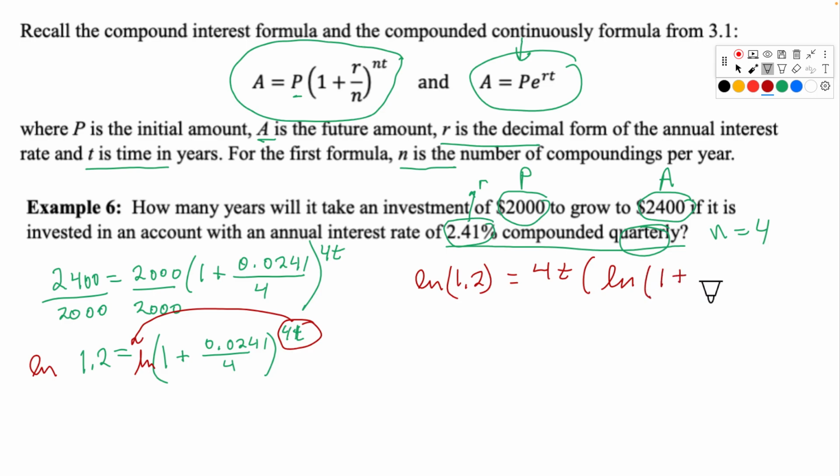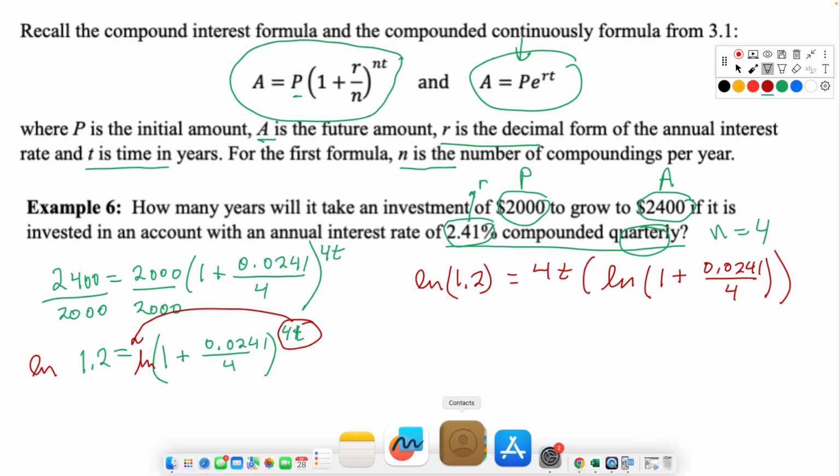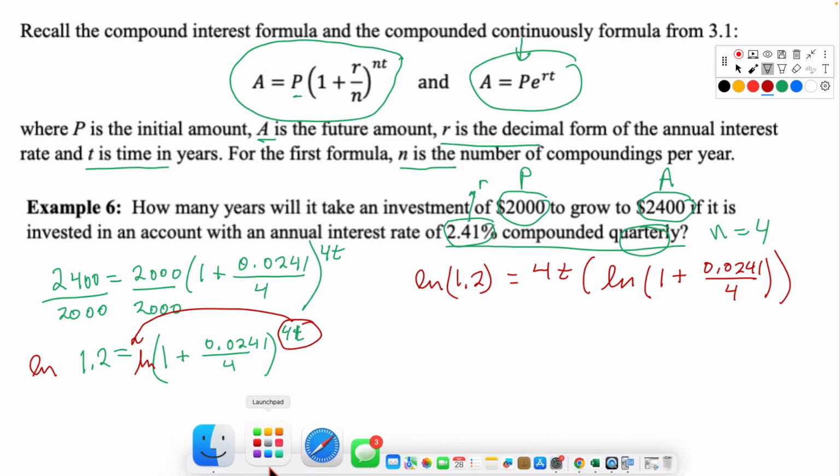of 1 plus 0.0241 divided by 4. And again, you could actually divide this and add 1. Might make it look a little prettier, right? Let's go ahead and do that.